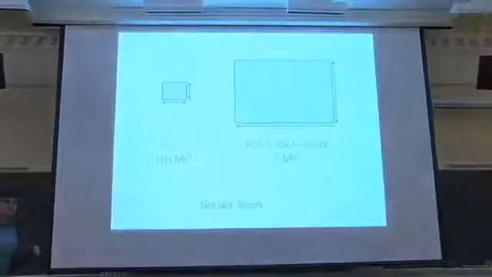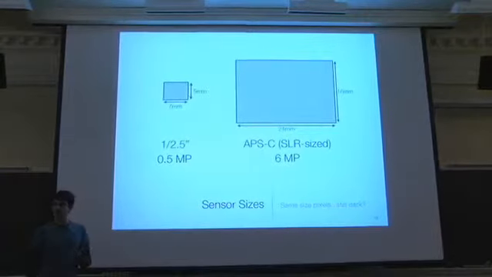I want to again show you this particular to-scale image of the different sized sensors. However, there's a difference. These are the same size sensors that we saw before, but the difference this time is in the resolution of the two sensors.